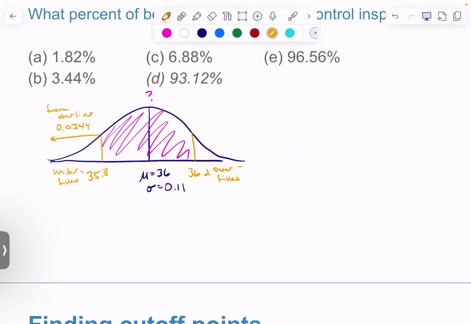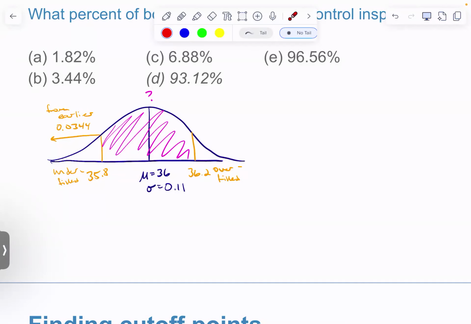I can remove that from the total area of 1. And what if I do the same thing on this side? I just find this area that I want to remove and subtract it from 1. So you can just subtract the areas you don't want, and that'll get you the area that you do want. They are just puzzle pieces that have to add to 1.